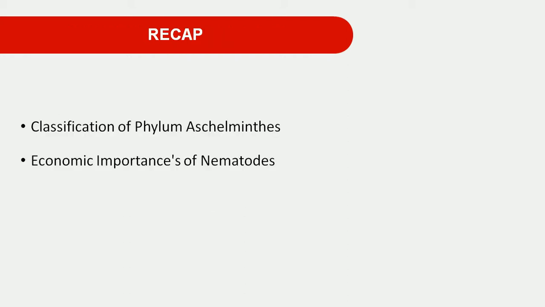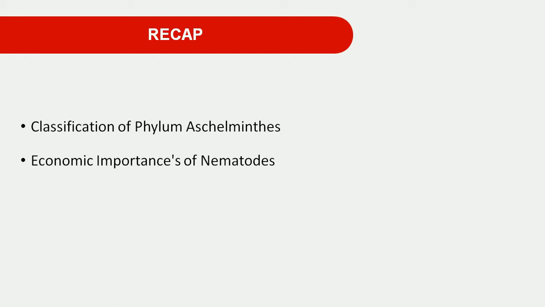We can take a quick review of the previous session and start today's session. In the last session, we discussed the very basic information related to classification of phylum Aschelminthes. You know that the phylum is divided into 5 classes: Rotifera, Gastrotricha, Nematomorpha, Nematoda.